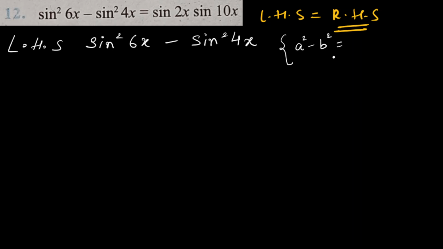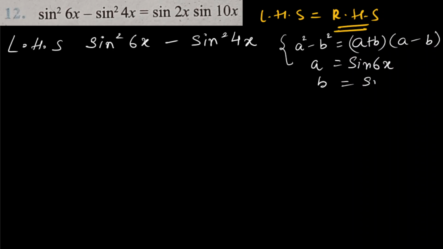Algebraic identities also, because those are the things which we have learnt in lower grades. So a square minus b square is a plus b into a minus b. This is an algebraic identity. So if I compare, a is sine 6x and b is sine 4x.